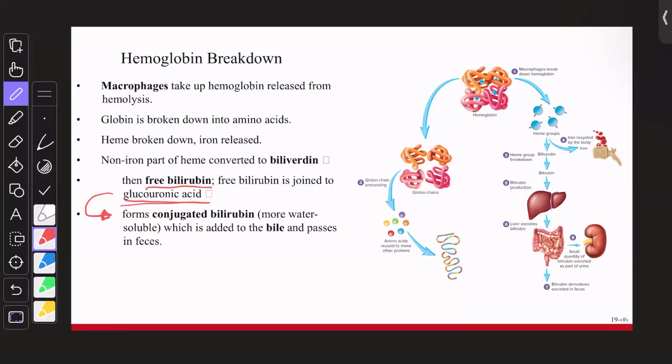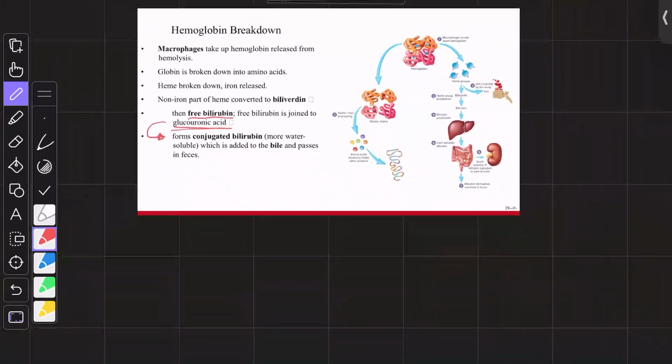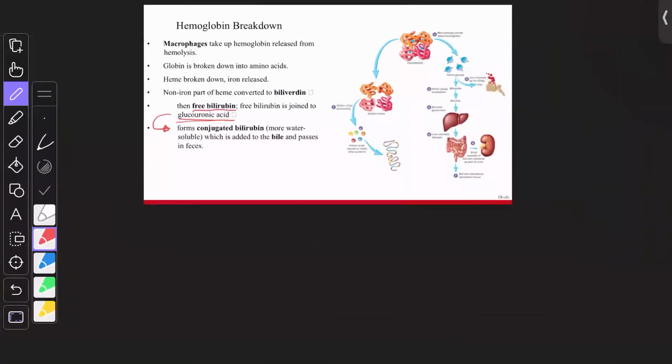Okay, so that conjugated bilirubin gets added to the bile, and most of it gets excreted out of the body in the feces. Okay, there is a small amount of bilirubin that always escapes the fecal process and ends up back in the bloodstream.